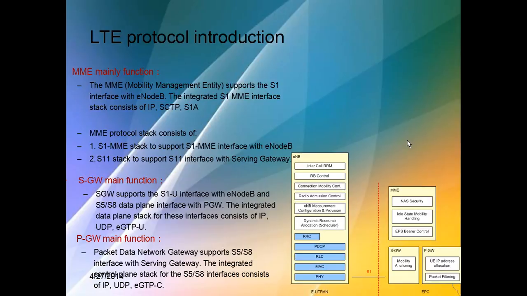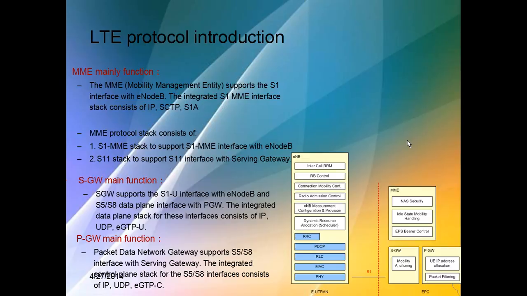The MME's main function is a part of the core. The MME supports the S1 interface with the eNB. The integrated S1 MME interface consists of IP, SCTP, and S1AP.